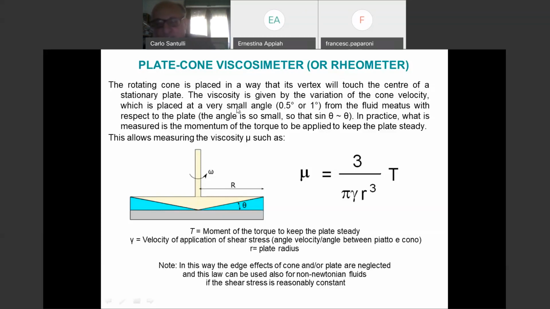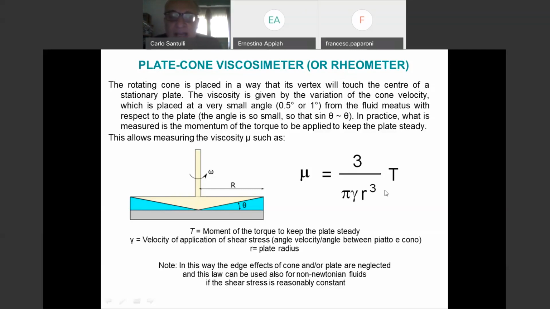Decomposed in two forces, so that I can apply a momentum in steady state. I use this very small angle because I want sin theta to be approximately equal to theta.